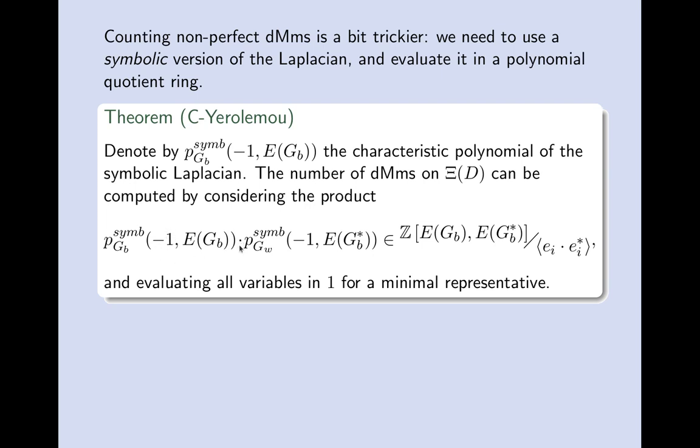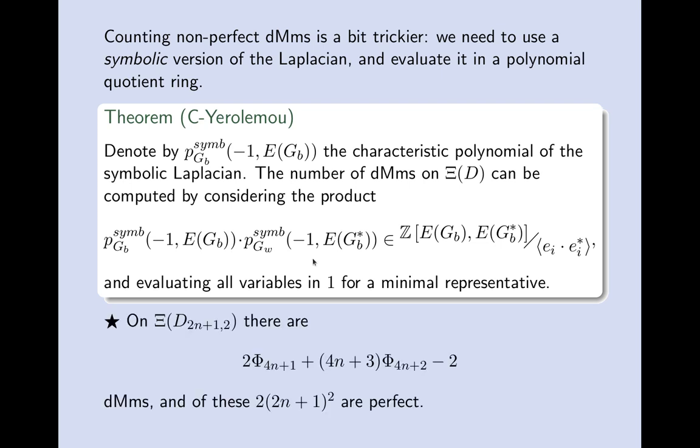We multiply this with the same thing on the white graph, and we look at this as living in this weird polynomial ring where again variables are edges in the black graph and in the white graph respectively, and where products of dual edges are 0. So we get a minimal representative of this product, and then we evaluate all variables corresponding to edges in this product at 1. And this gives us the number of discrete Morse matchings.